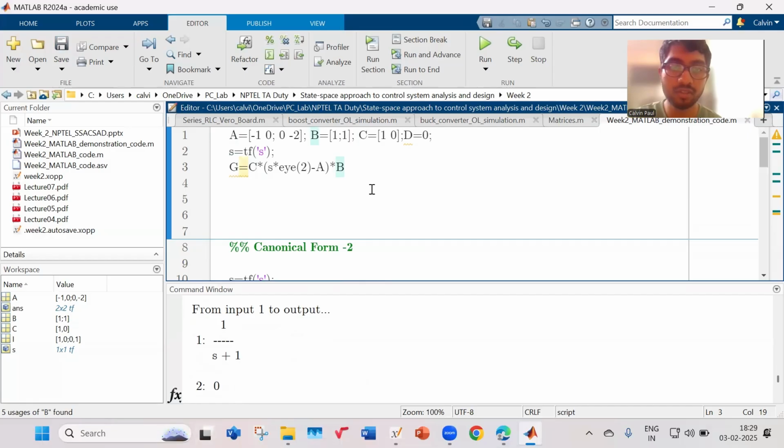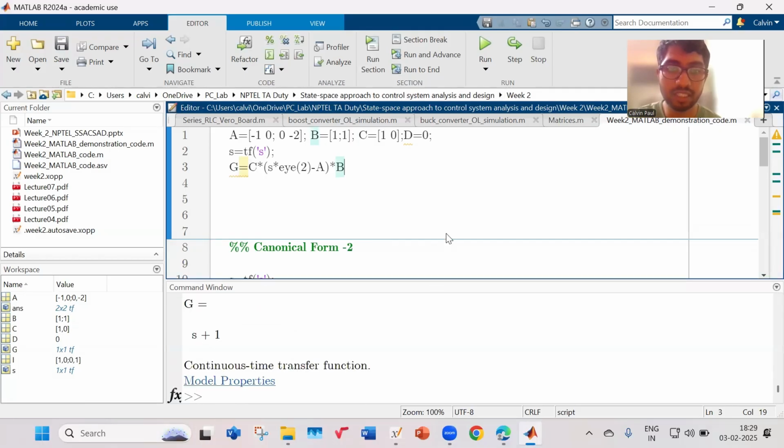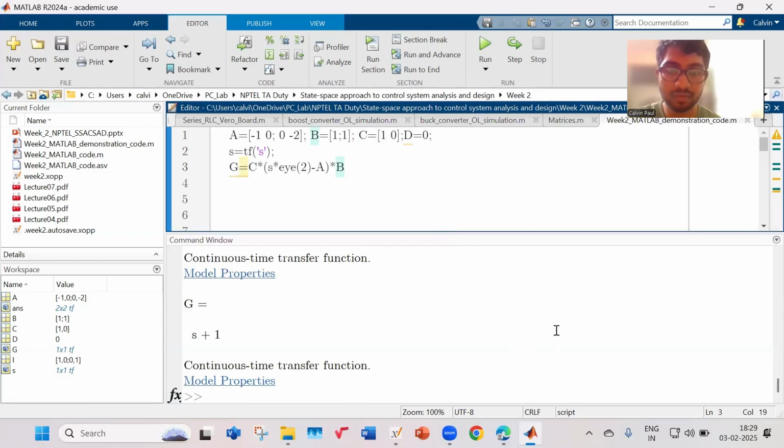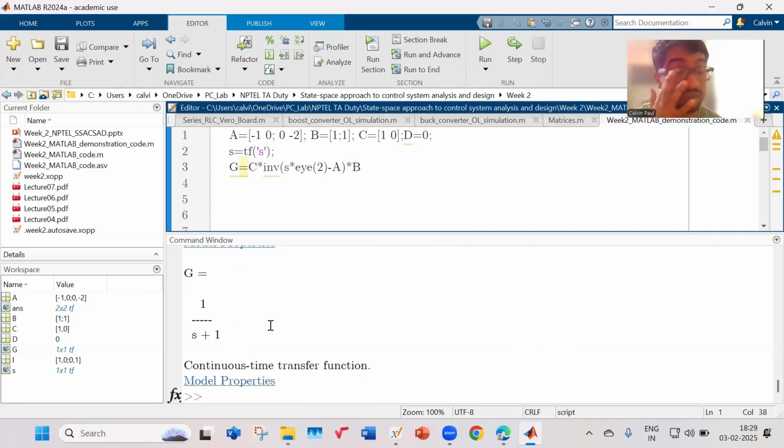Okay, so let me run this section. When I run this section, I get this transfer function. For this inverse, I forgot. Let me run this section. So I get it as 1 upon s+1.